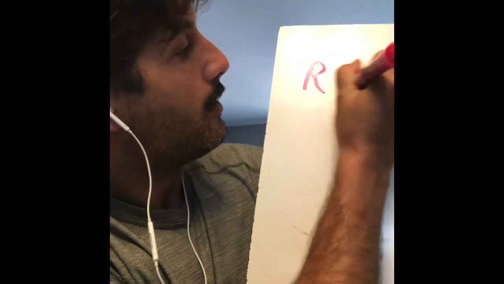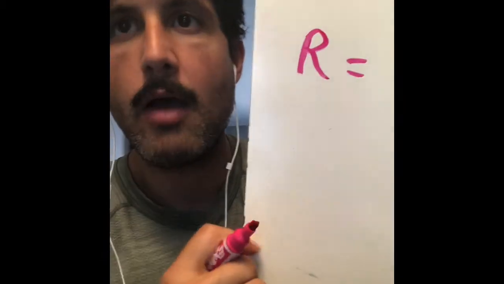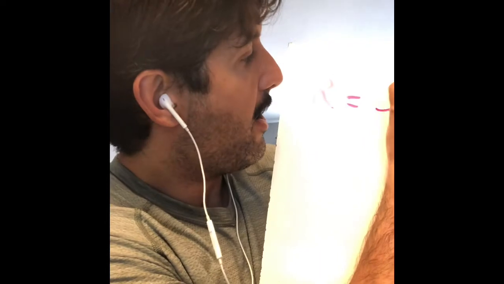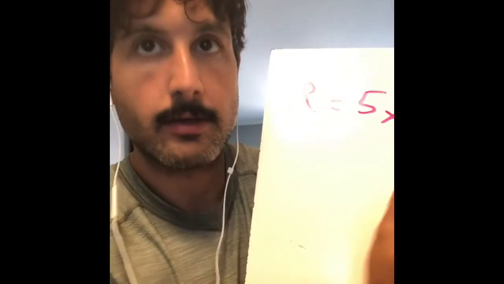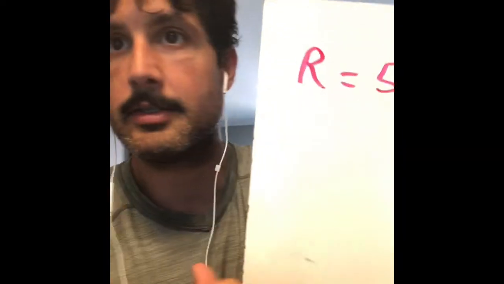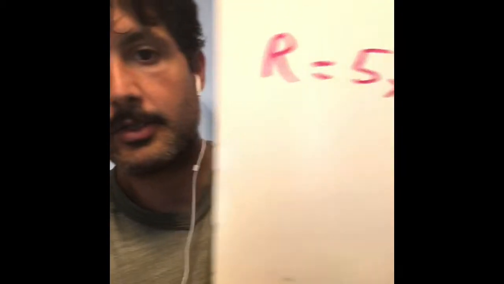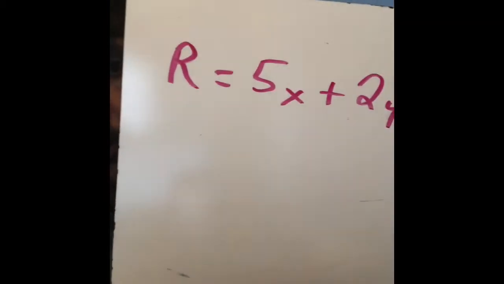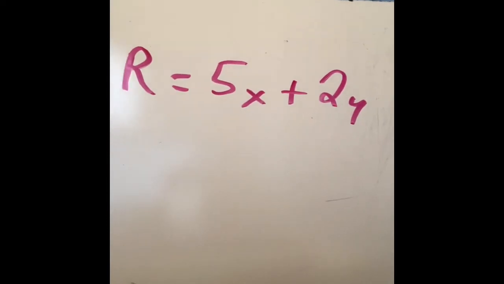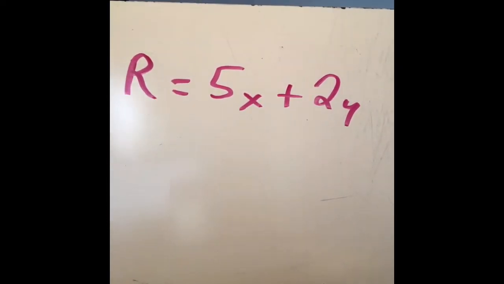So our revenue is equal to, now $5 per adult, I'm just going to call the adults X, so 5X, and we have $2 per child, 2Y. So my revenue is $5 for the adults and $2 for the children.